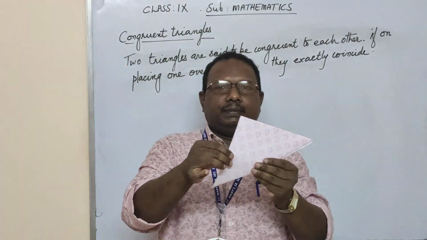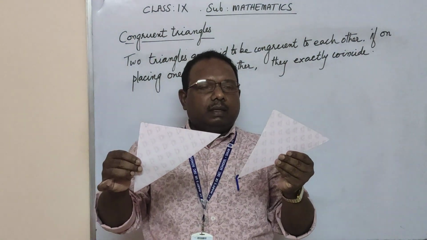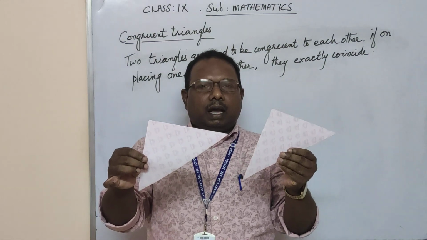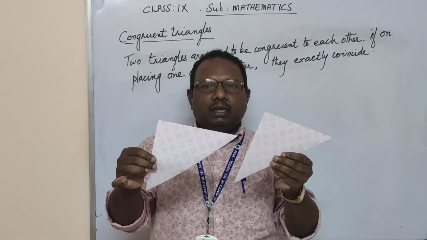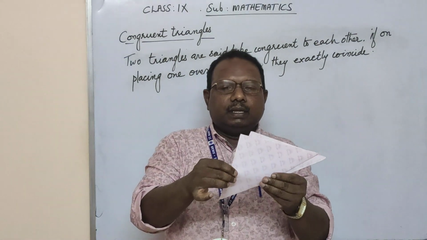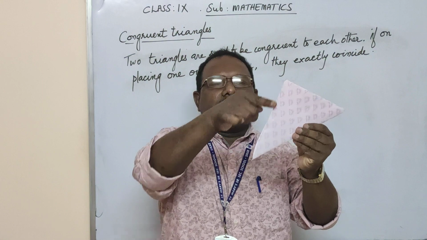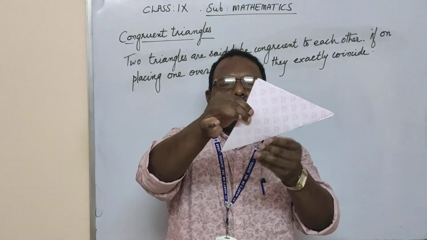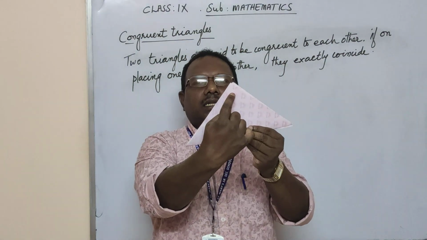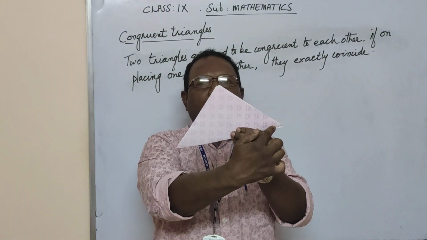Okay, now when you look at these triangles, these triangles have corresponding sides and angles. Corresponding sides and angles. This is one angle. Next, second angle, third angle.